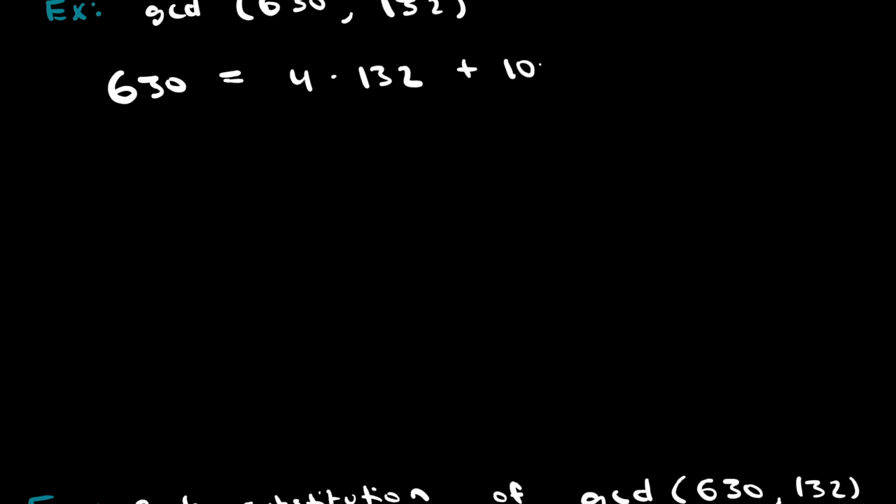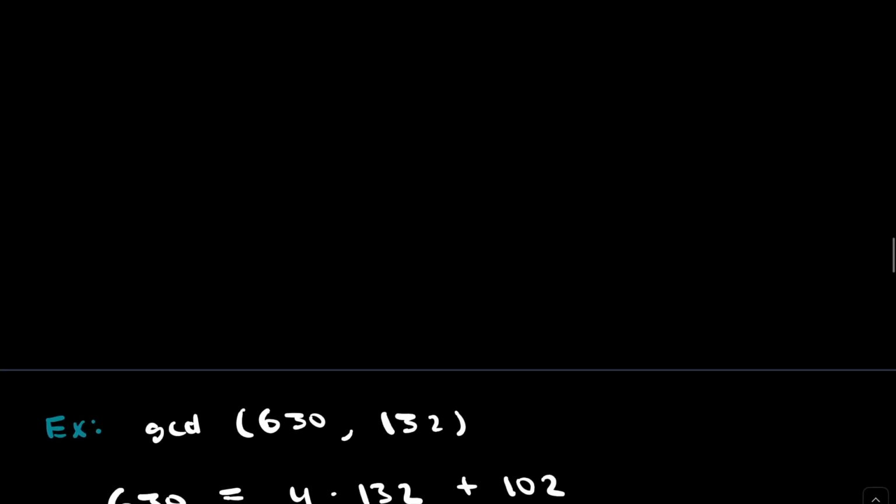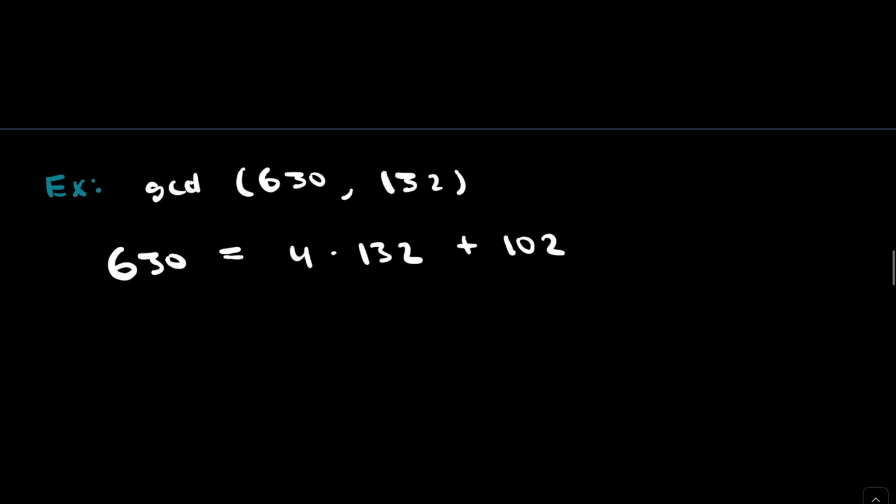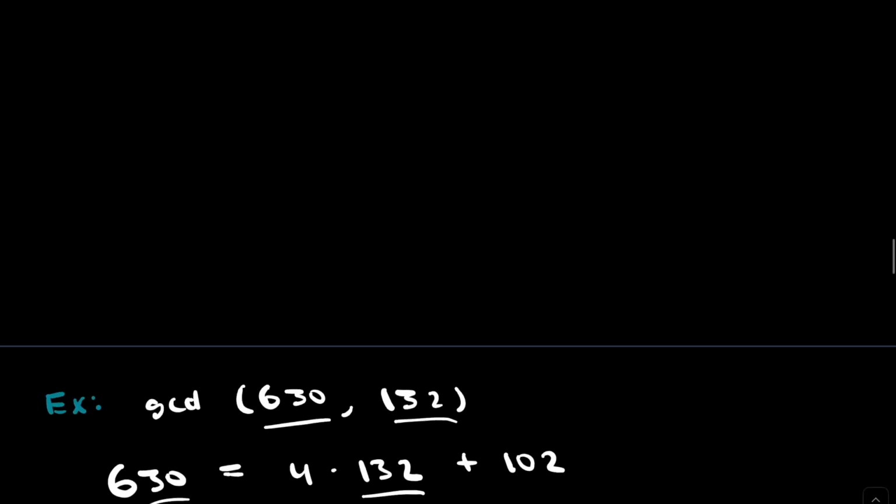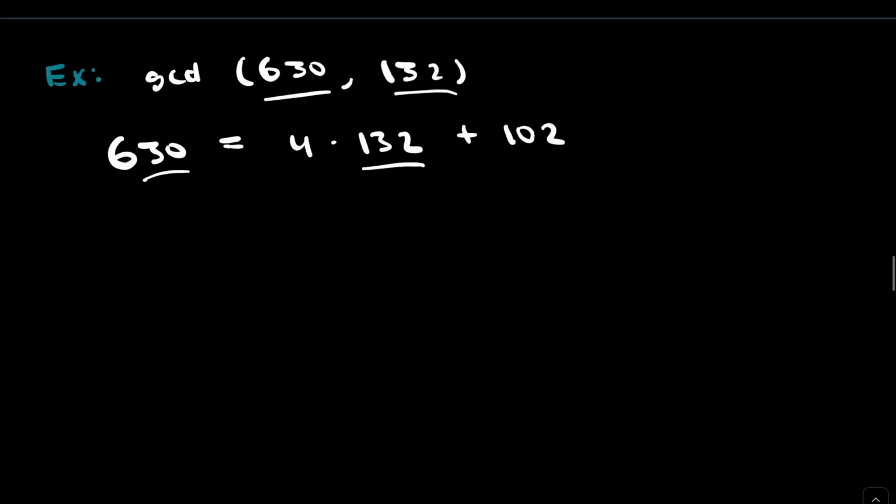And by lemma 1.7, following the same structure, the greatest common divisor of a and b has to equal the greatest common divisor of b and r. So now we have to find the greatest common divisor of that. To keep on going, 132 is equal to 1 times 102 plus 30.